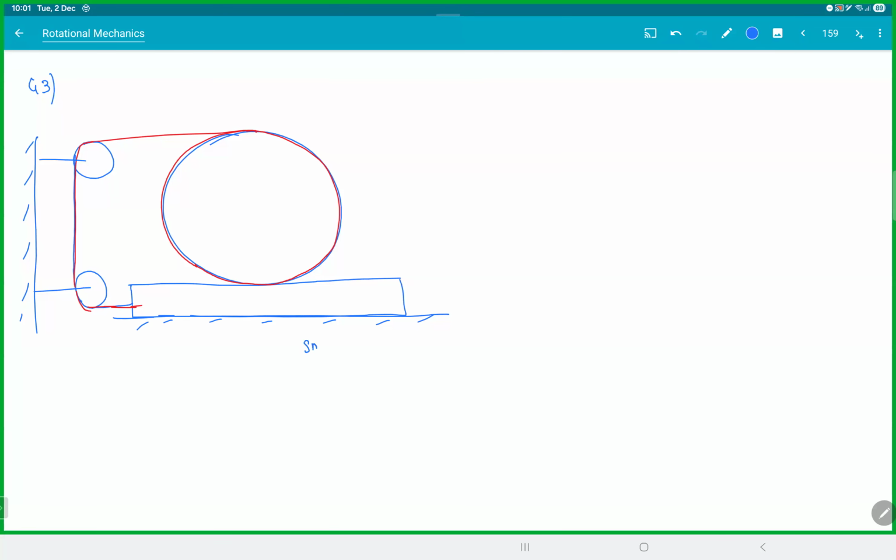The floor is smooth. The plank is rough. Here, there is no slipping. Mass M, radius R, solid cylinder. This red one here is a string wrapped around it. So we have a string which is wrapped around a solid cylinder. And that string goes here through a pulley and then attached to a plank. On that plank, this cylinder is sitting.